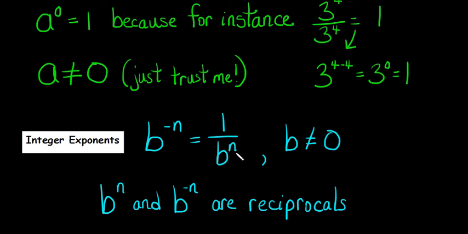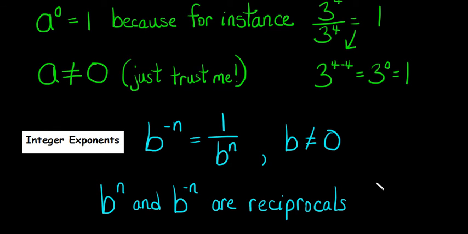So b to the negative n is the same as saying 1 over b to the n, as long as b does not equal 0, we can't have that. Just remember that. So in essence, any number to the nth power and any number to the opposite nth power, those are reciprocals. Isn't that nice?